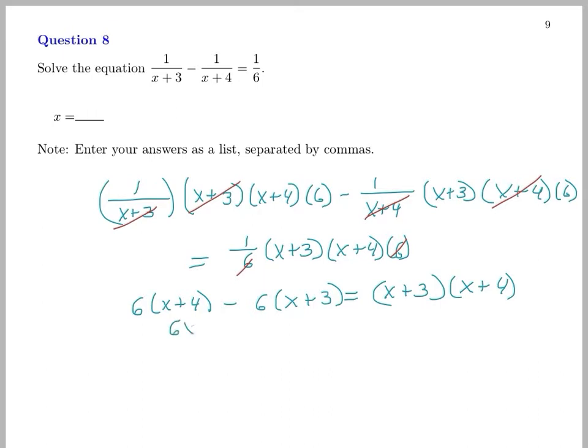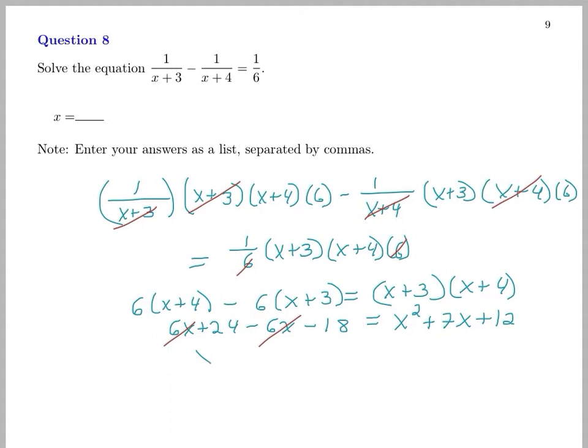So this is 6x plus 24 minus 6x minus 18 equals x squared plus 3x plus 4x, so plus 7x plus 12. And we can cancel the 6x's on the left. So we have 24 minus 18, which is 6.